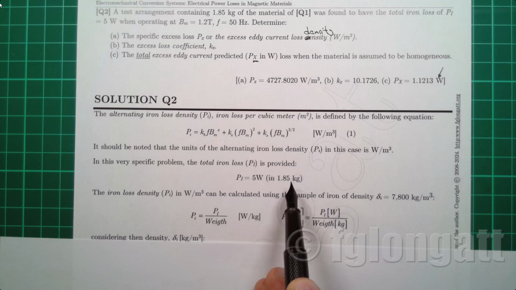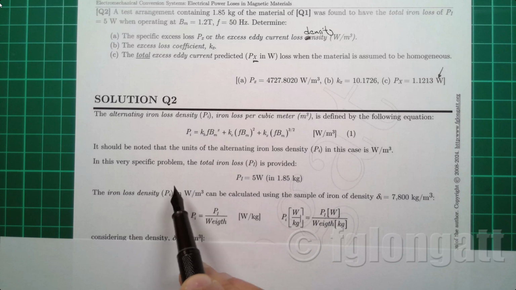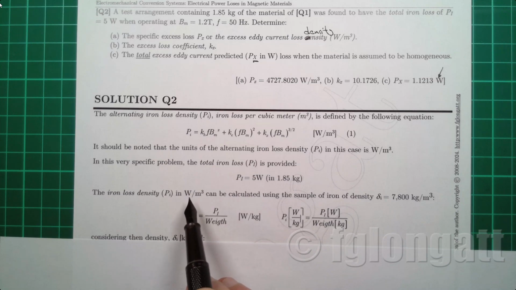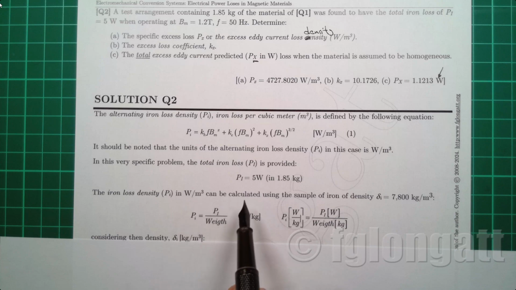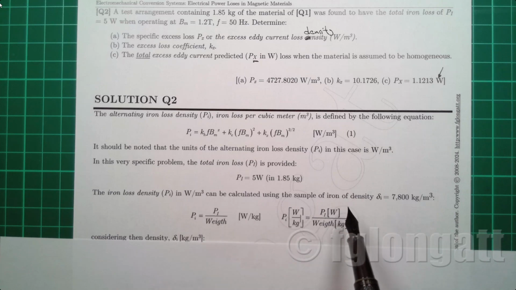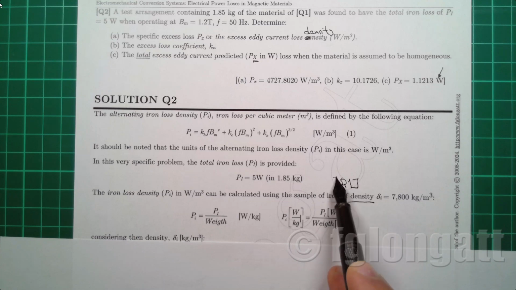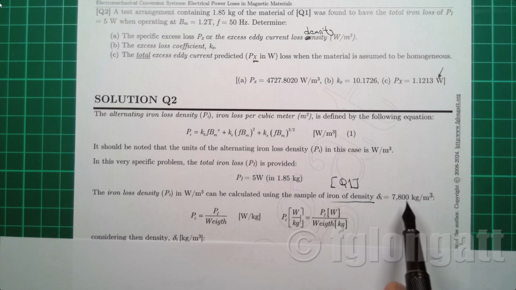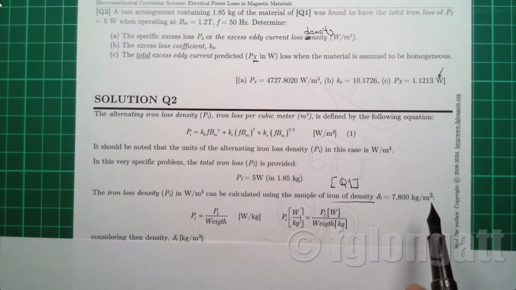So in this case, if we want to obtain pi in terms of the units watt per cubic meter, what we need to use is what we already know from the previous question, from Q1. From Q1, we know that this material has a density equivalent to 7,800 kilograms per cubic meter.